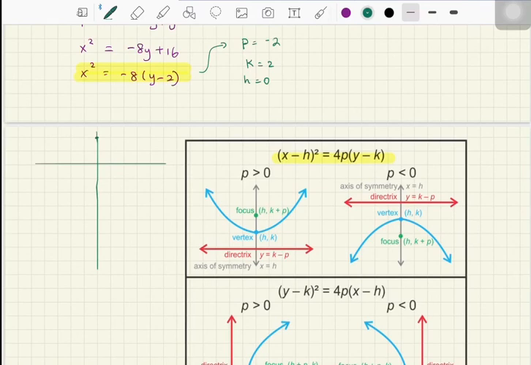So this is the vertex. And then on each side is going to be 2p, so 4 and 4. Connect them. 1, 2, 3, 4. 1, 2, 3, 4. And that is the parabola for the graph.